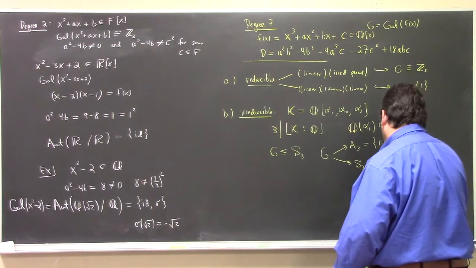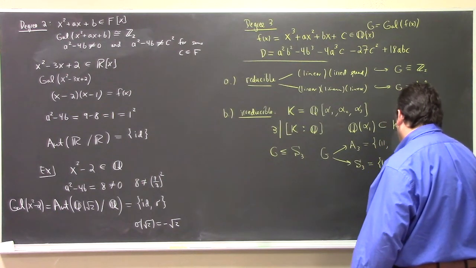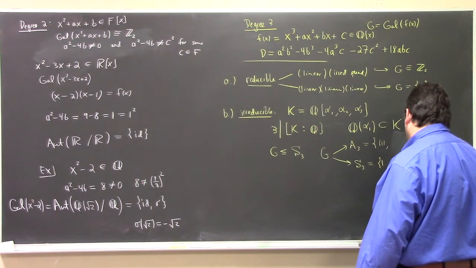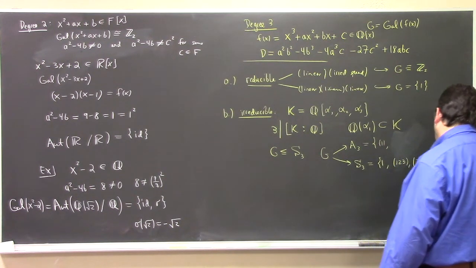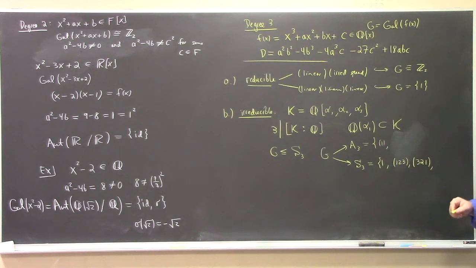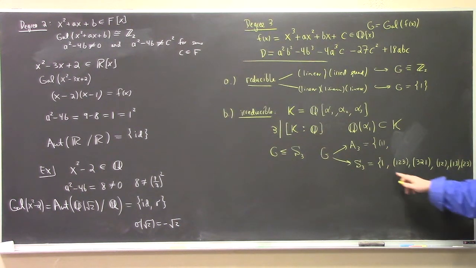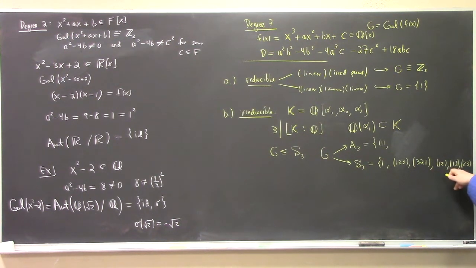You've got the identity, the 1, 2, 3 cycle, the 3, 2, 1 cycle, and you've also got 2, 3, 1, 2, 1, 3, and 2, 3. So these are your 6? 1, 2, 3, 4, 5. Oh, that's it.